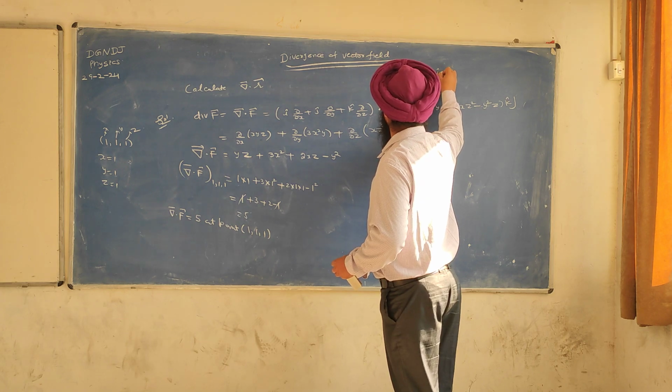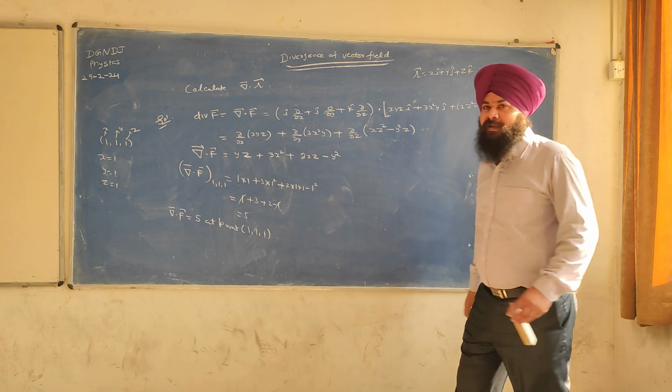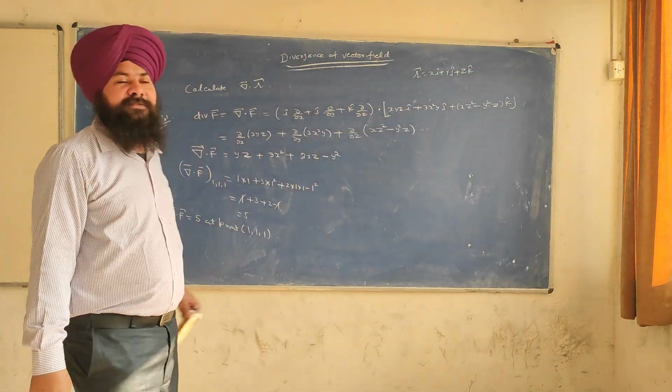xi cap plus yj cap plus zk cap. The answer is 3, 1 + 1 + 1 = 3.